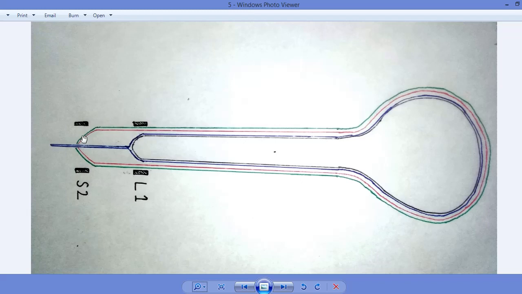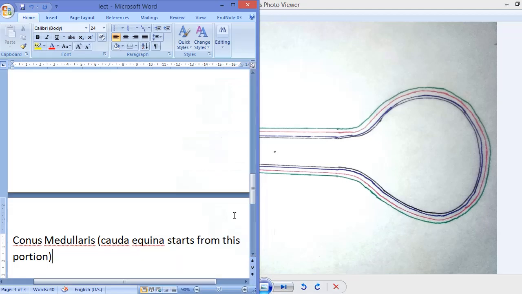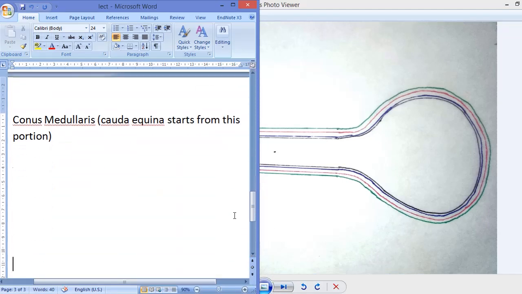This part of the filum terminale is inside the dural sac. I am going to write each and every terminology over here.